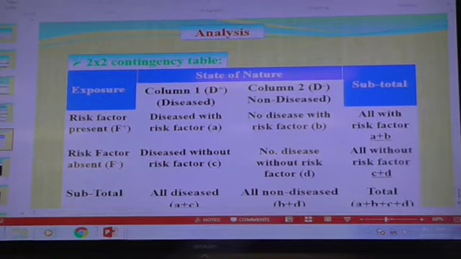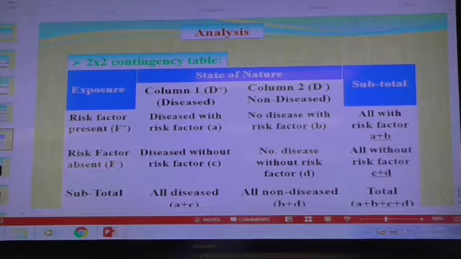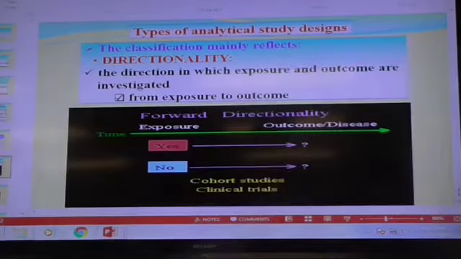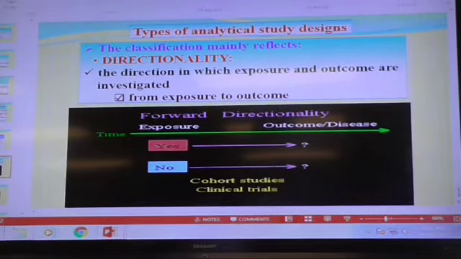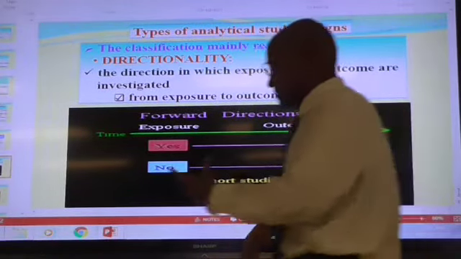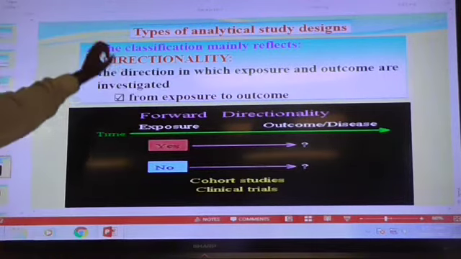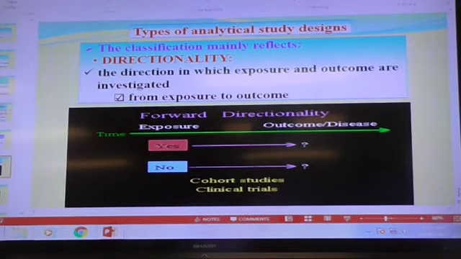Otherwise, if you just look at the table, you really cannot see any difference, because in all the analysis for us it is just coming down to this 2x2 table. But how initially the information or the data was collected makes the difference. So that is what I'm going to talk about. So the difference or classification reflects 3 things.